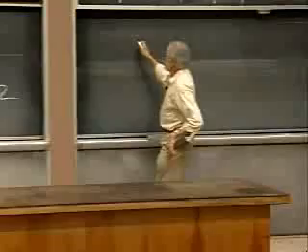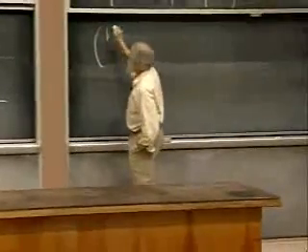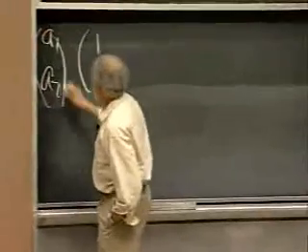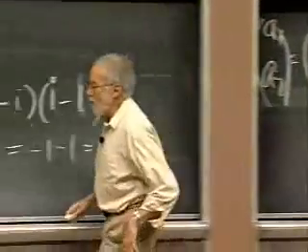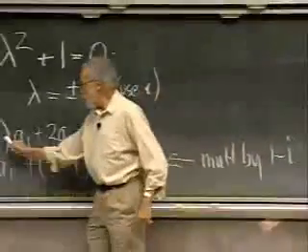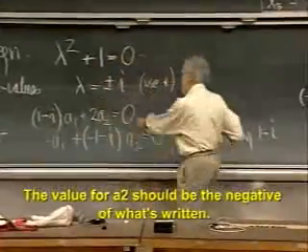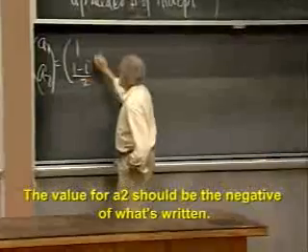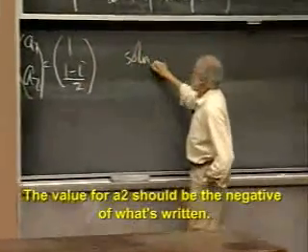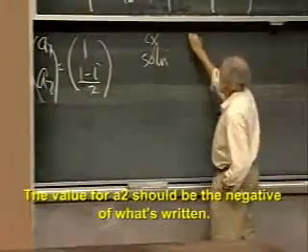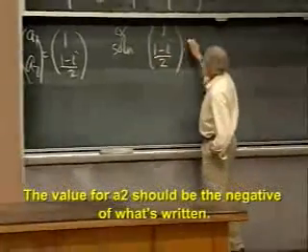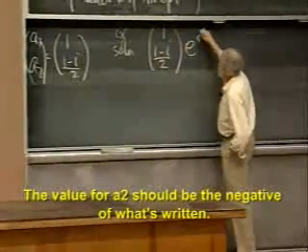Well, you get the solution by the usual way. Let's take a1 equal to 1, then what's a2? a2 is (1 minus i) divided by 2, from the first equation. So the complex solution is (1 minus i) over 2 times e to the it.